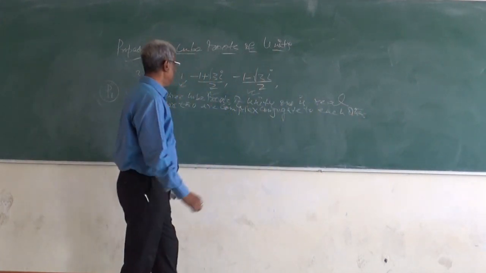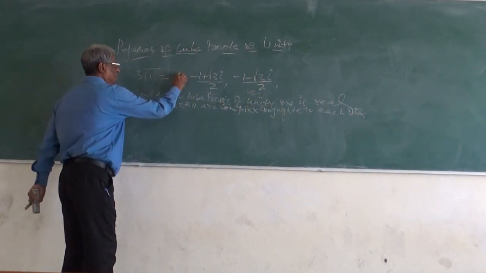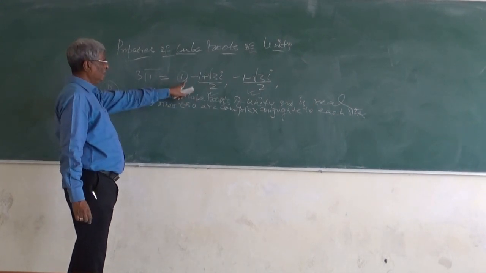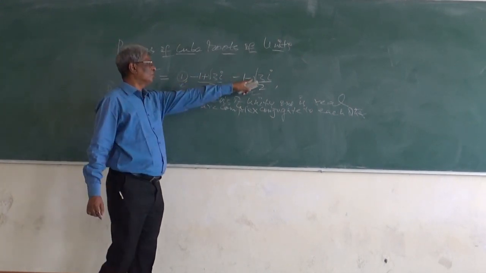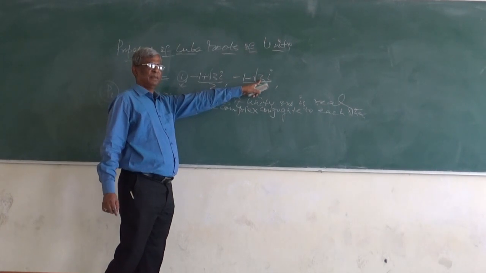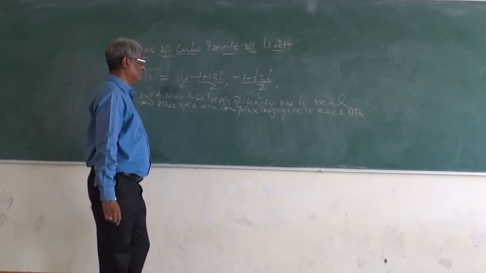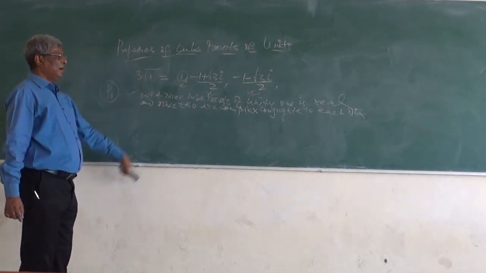It means one root is real and these 2 roots, which are complex in nature, are conjugate to each other. This is the meaning I have written here.